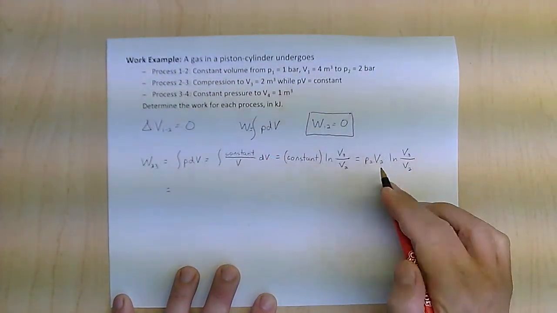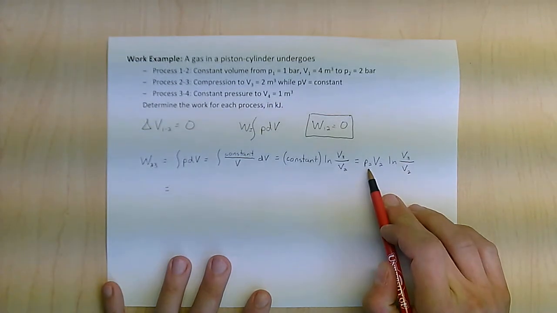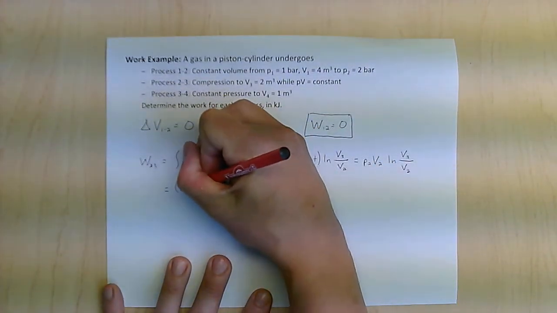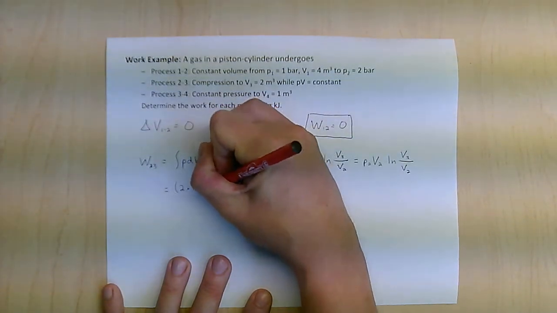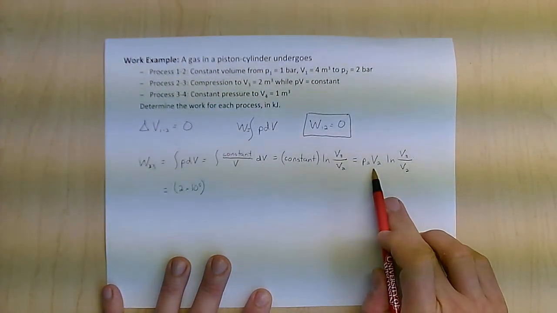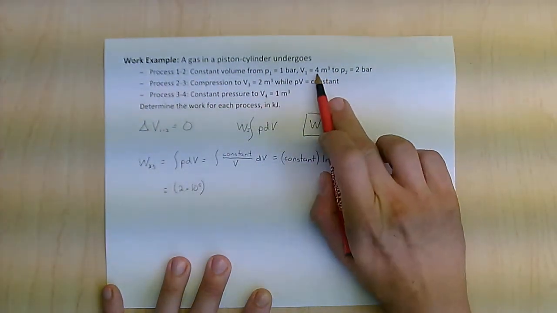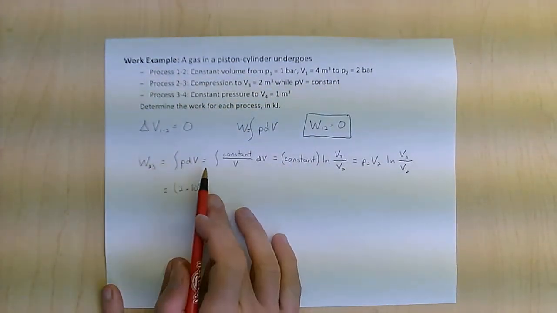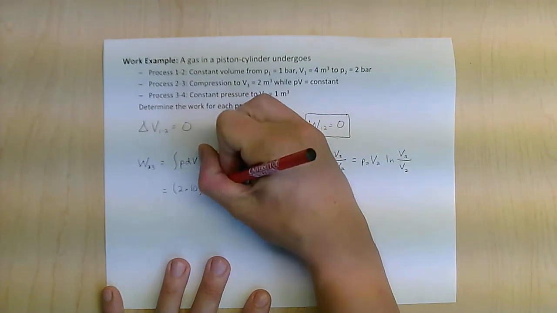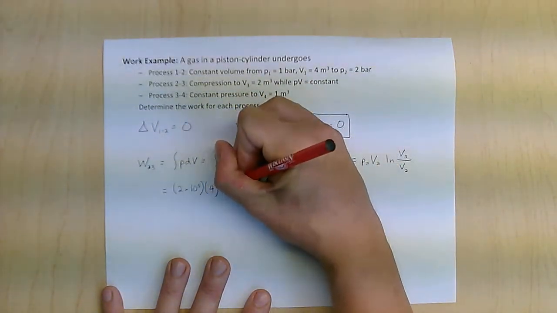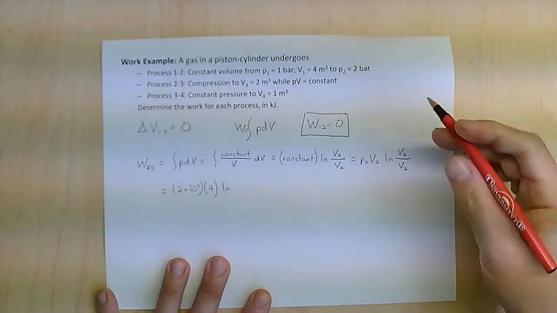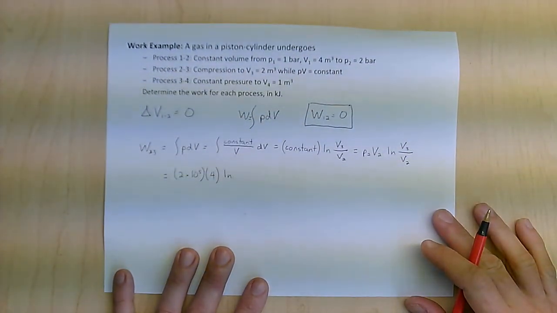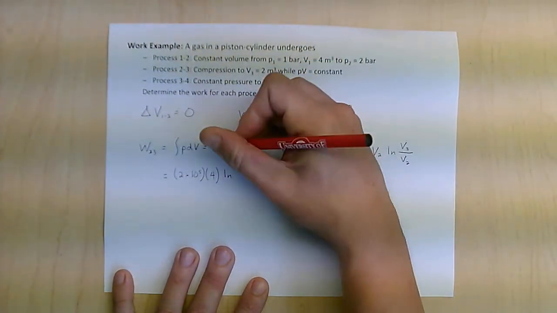So that's going to equal P2, which is 2 bar, so I'm going to say 2 times 10 to the 5th, times V2, which is 4 cubic meters, so what I'm going to be left with is a newton meter, which is a joule. Then times the natural log of V3 over V2, which is dimensionless.